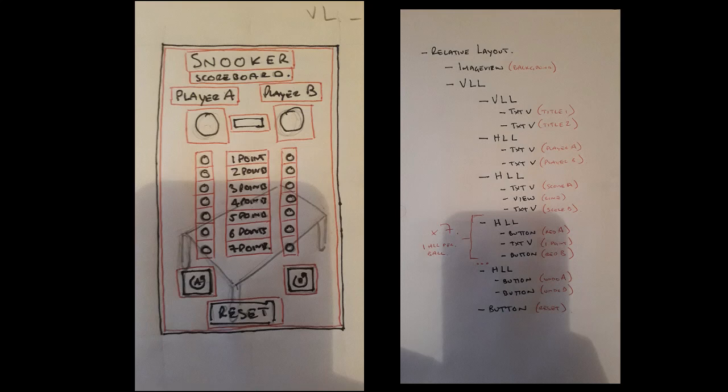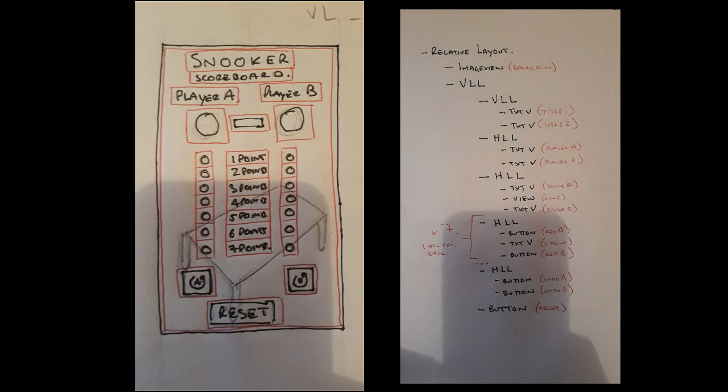That would include an image view for the background, and then all the other views would be contained within a vertical linear layout, and then broken down further into a vertical linear layout for the title, with the Snooker and Scoreboard text views. Then beneath that, a horizontal linear layout with the two players. Beneath that, another horizontal linear layout with the two scores and this horizontal line.